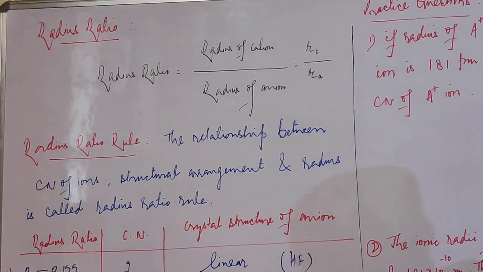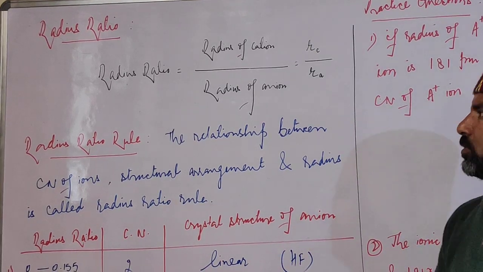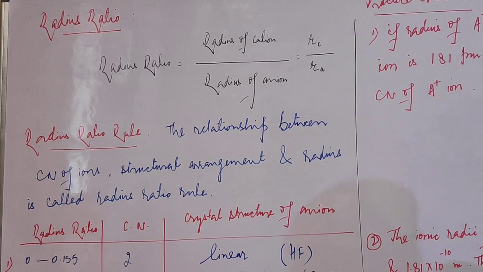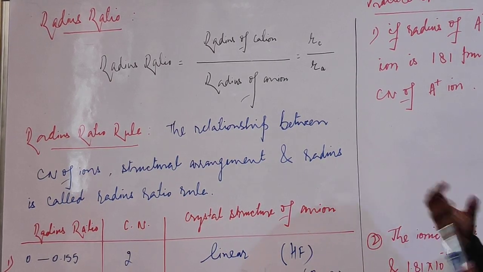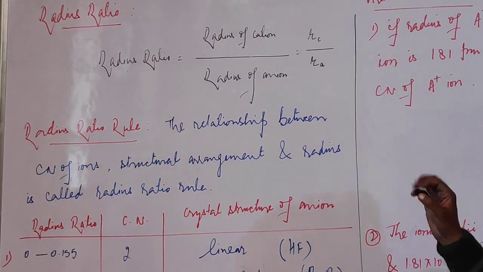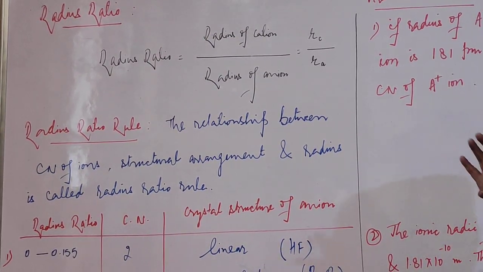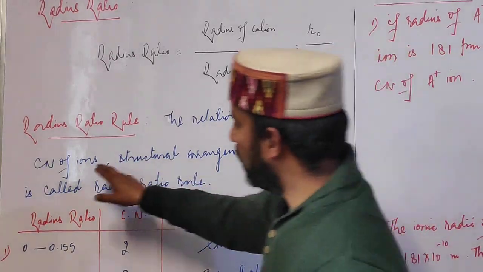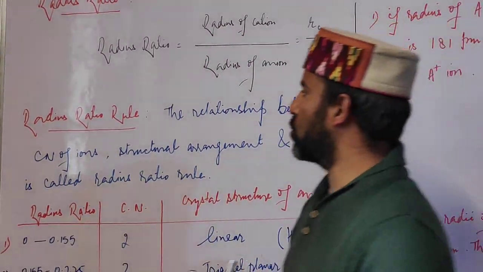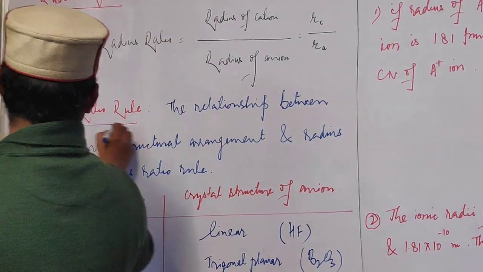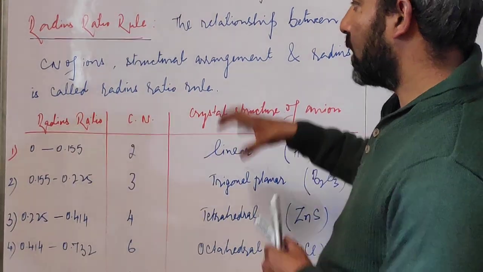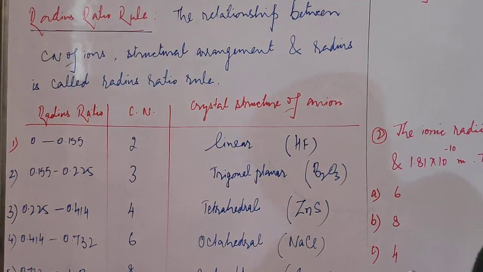Now students, from radius ratio in ionic crystals we can predict the coordination number of ions as well as the structural arrangement of ions in the ionic crystal. And this relationship between the coordination number of ions, structural arrangement and the radius is called the radius ratio rule.